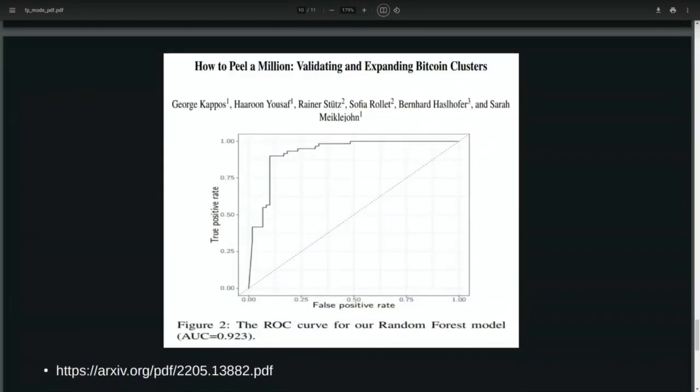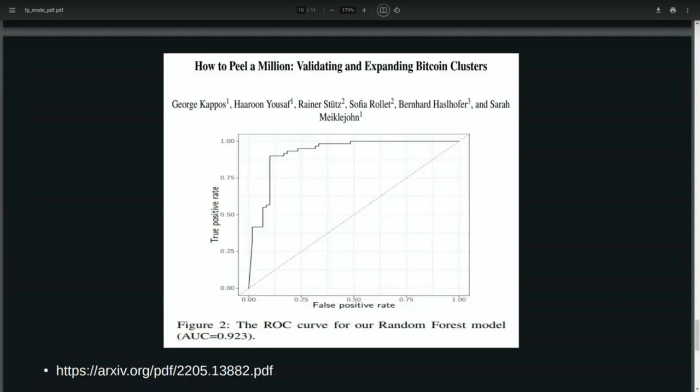This is the same type of graph, same type of process as that two slides ago, where they're again applying a machine learning algorithm to the Bitcoin blockchain in an attempt to automatically track and cluster users over multiple transactions.